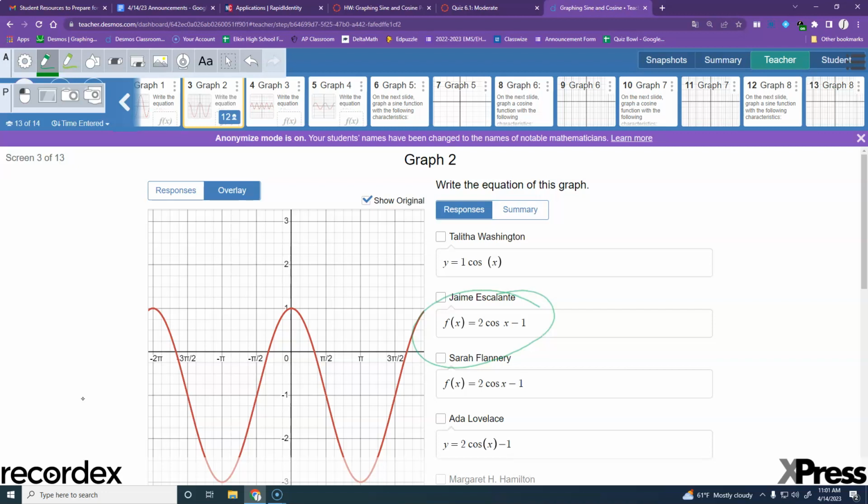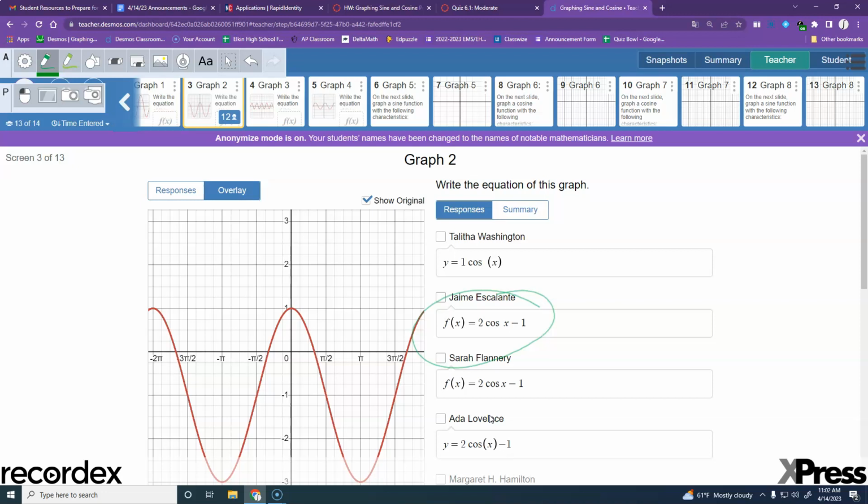It does not change anything if you do not put parentheses, so like Jaime here has not put parentheses, and Ada does have them. It does not matter. Because if you don't put parentheses, it is assumed that only whatever is right after the sign goes with it.